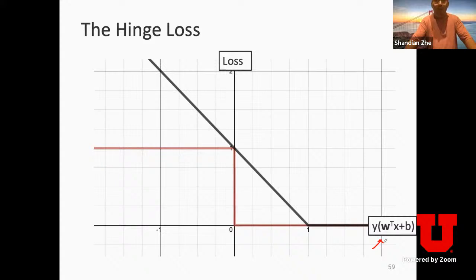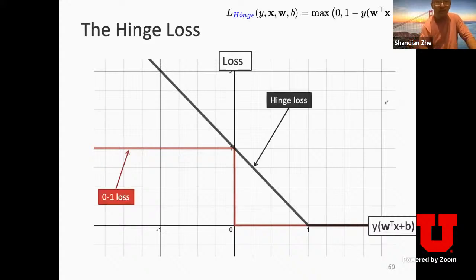This black curve indicates the hinge loss. You can see that only when your function margin is at least 1 do you have zero loss, meaning you don't receive any penalty.